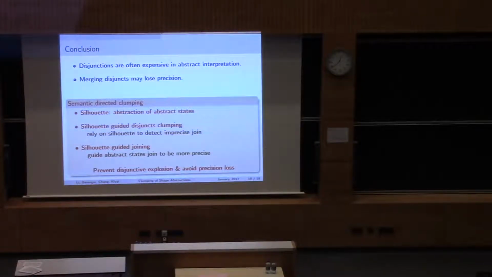To conclude, disjunctions are often expensive in abstract interpretation, and merging disjuncts may lose precision. Therefore, we propose silhouette, which is an abstraction of abstract states, and we propose silhouette guided disjunct clumping, which relies on silhouette to detect imprecise join, and we propose silhouette guided joining, which uses silhouette join to guide abstract state join to be more precise.